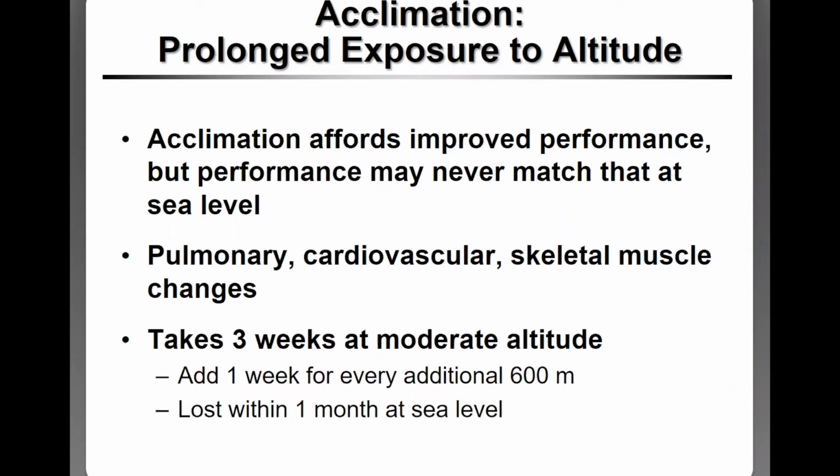So acclimation and acclimatization result in pulmonary, cardiovascular, and skeletal muscle changes that improve performance. And this takes about 3 weeks at moderate altitude. So for any increase in altitude above moderate altitude, you would have to add another week for every 600 meters of ascent.